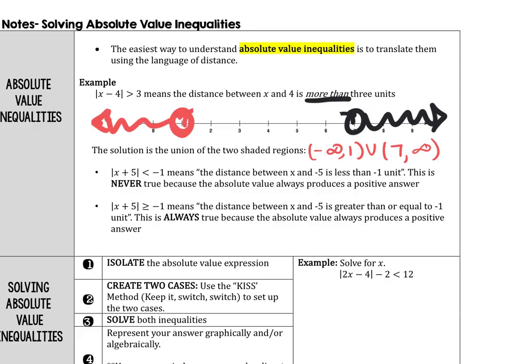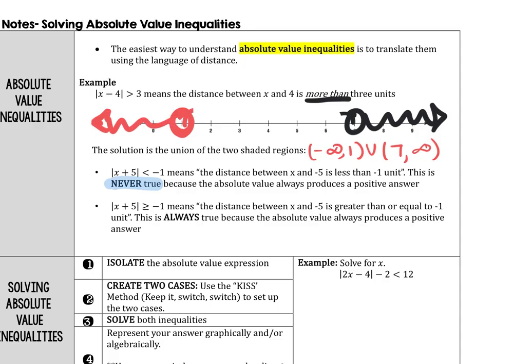So when you have an absolute value that is less than a negative, that is never going to be true because absolute value always produces those positive answers. So if you got to this step in your solving process, you'd be done because you'd say there's no solution or DNE, okay?